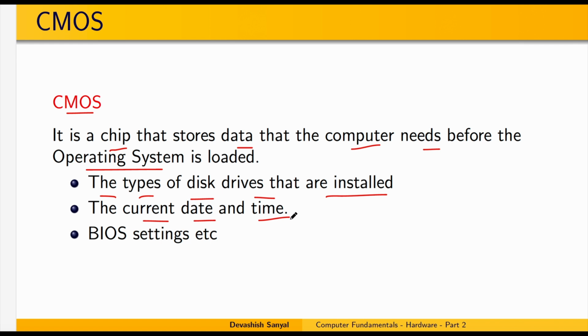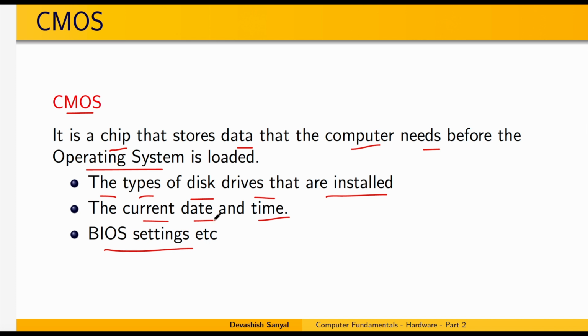And then using CMOS, you can go to BIOS settings. And why do you go to BIOS settings? You can go to BIOS settings to disable or enable certain drives. Suppose you don't want to use any particular drive, then you go to BIOS settings and there is an option to disable it.